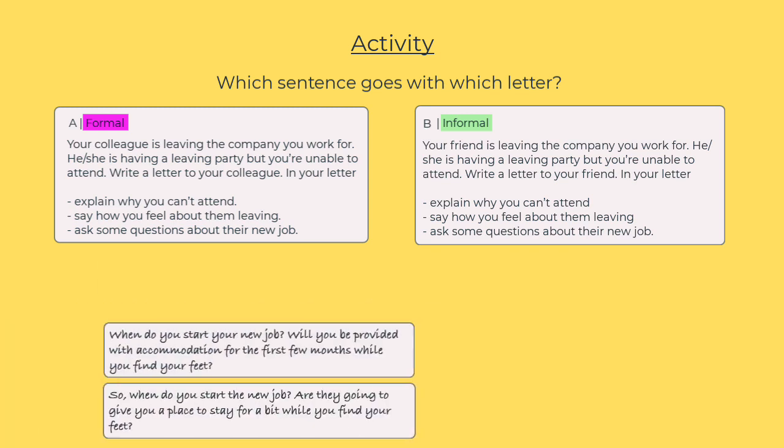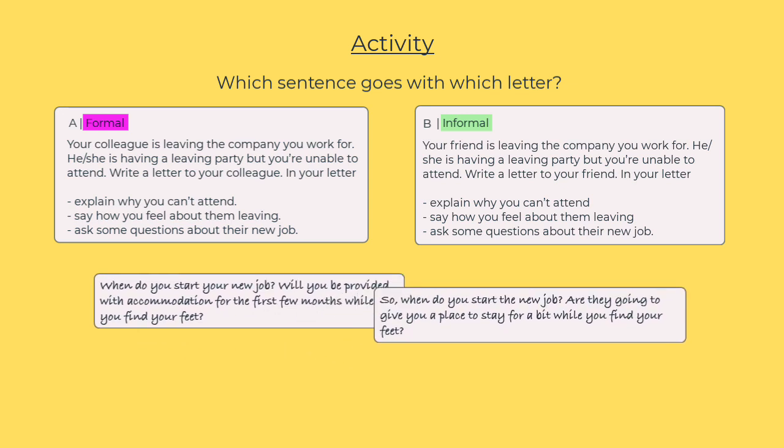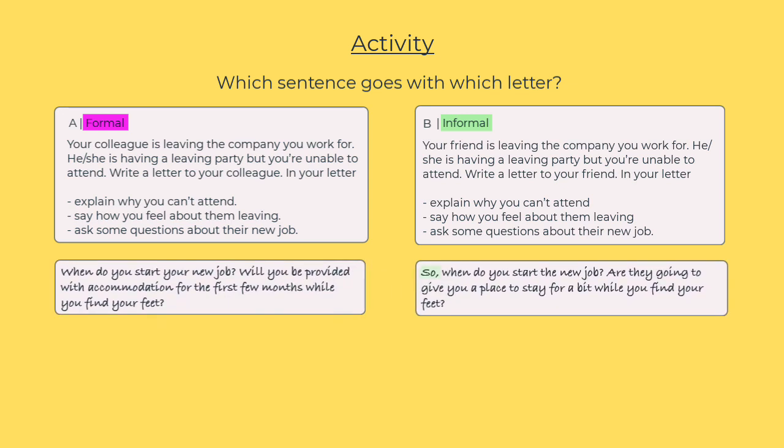Okay, next. Hit pause to give you some time to answer. The answer is this. So here makes this sound more like a conversation, which is typical of informal writing. And in letter A, we have, will you be provided with accommodation?